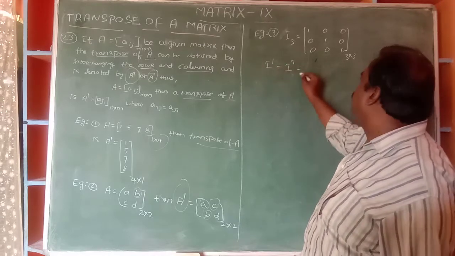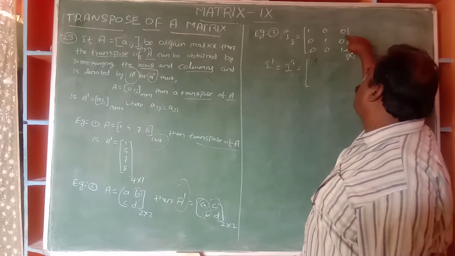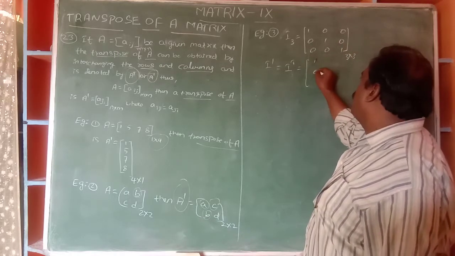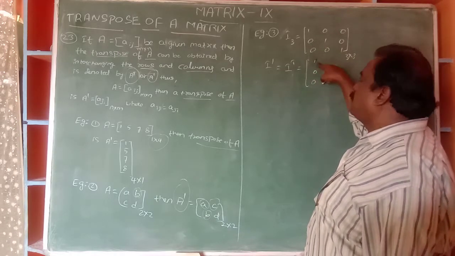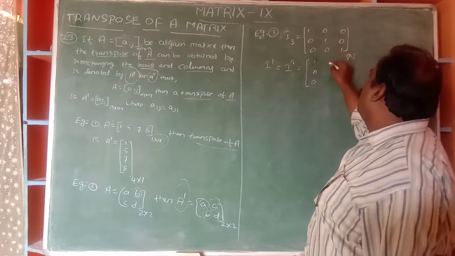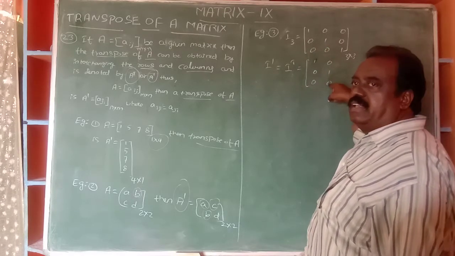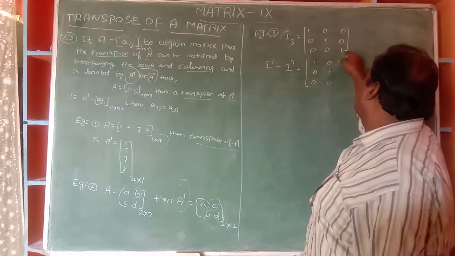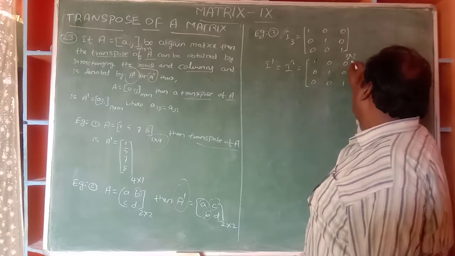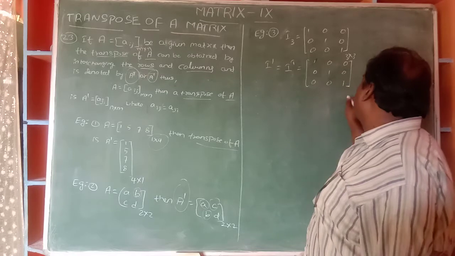Both are the same. The first row 1 0 0 will become the first column. The second row 0 1 0 will be written as the second column. The third row will become the third column.